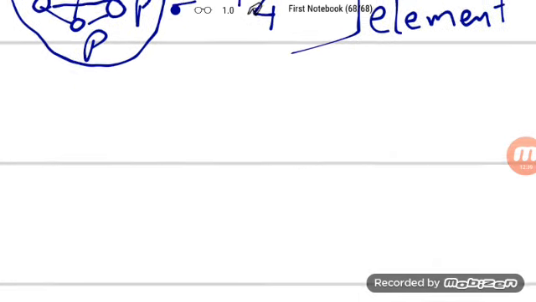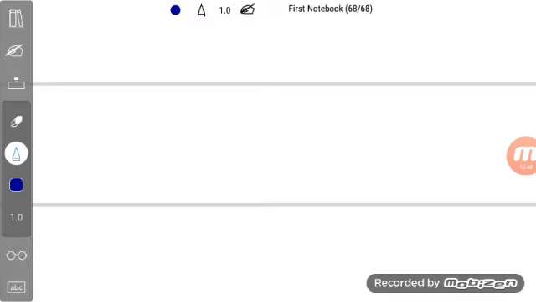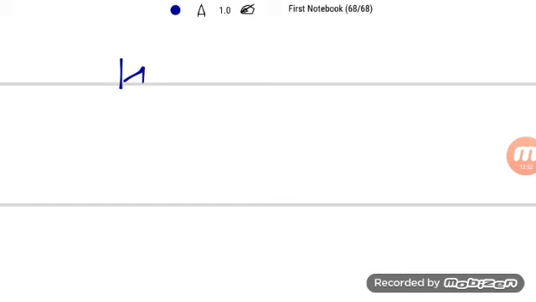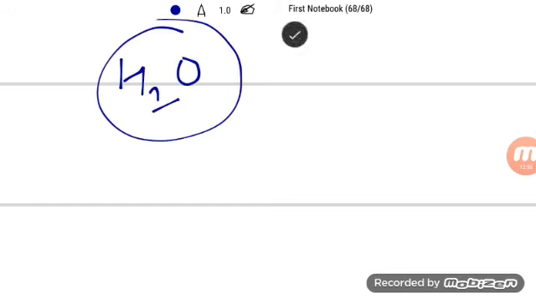Now let us see the examples of a molecule of a compound. Already I gave you an example like H2O. This is a single molecule where either 2 elements or more than 2 elements can be present.